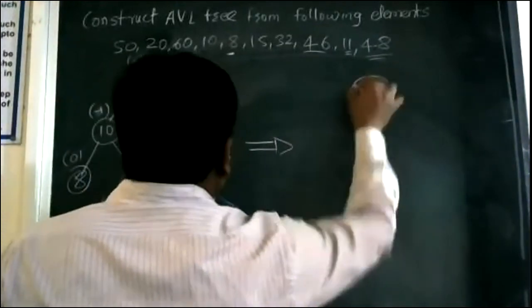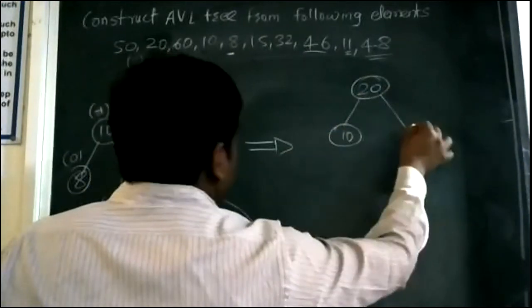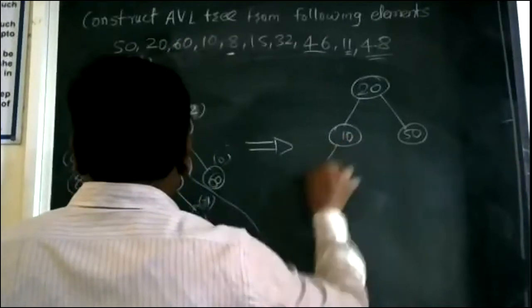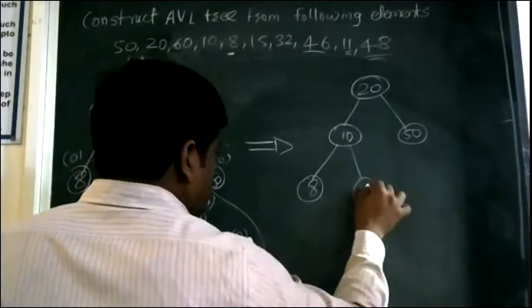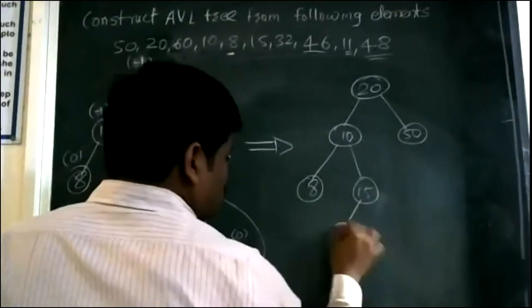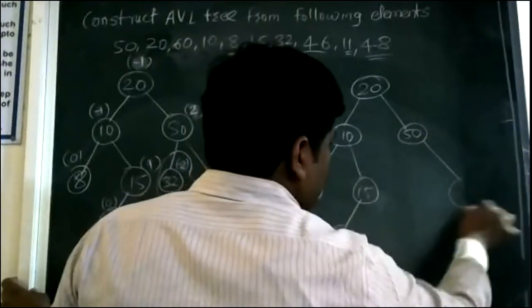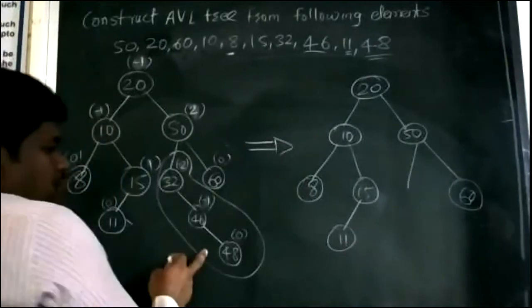So 20, 10, here is the 50, 8 as it is, 50 as it is. Right. Now 60 will be as it is here. Now which operation do you want to perform?